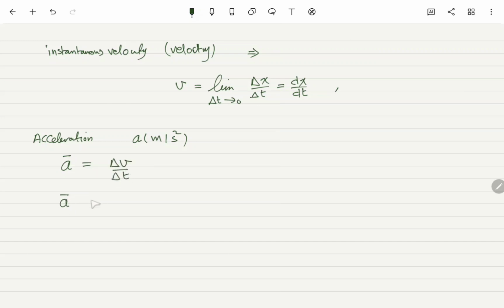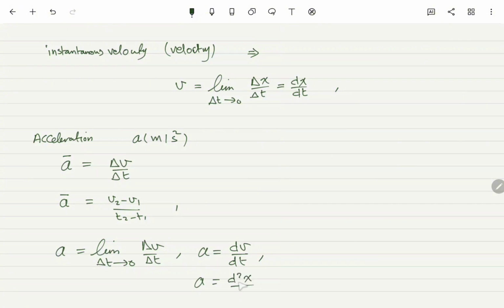So average acceleration is equal to v2 minus v1 over t2 minus t1. There is another concept called instantaneous acceleration, or just acceleration, and a is defined as the limit when delta t goes to 0 of delta v over delta t, or a equals dv by dt, or the second derivative of position with respect to time.